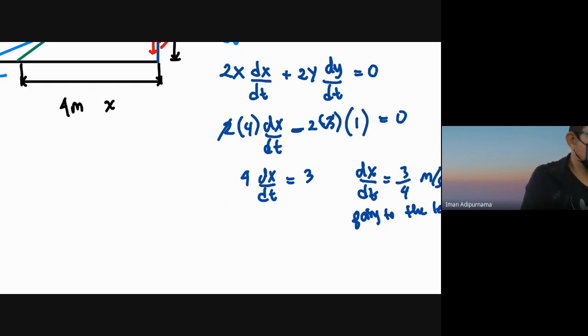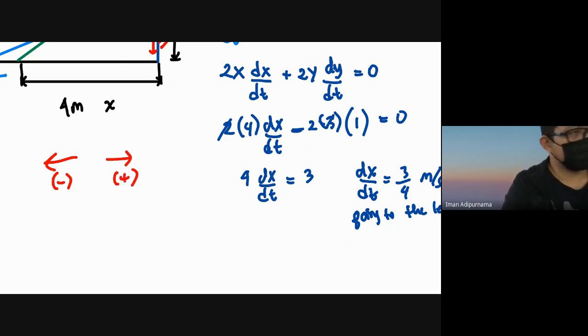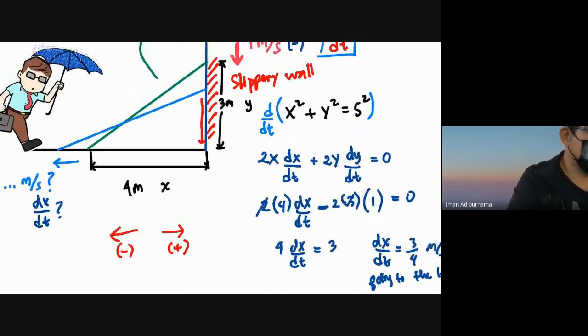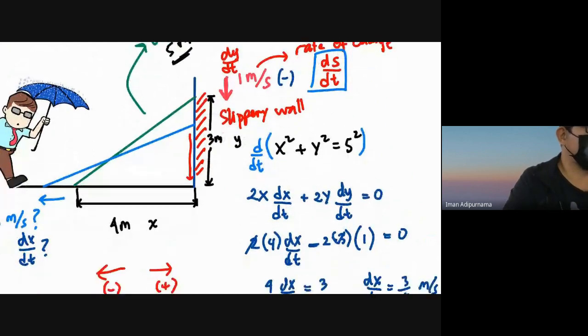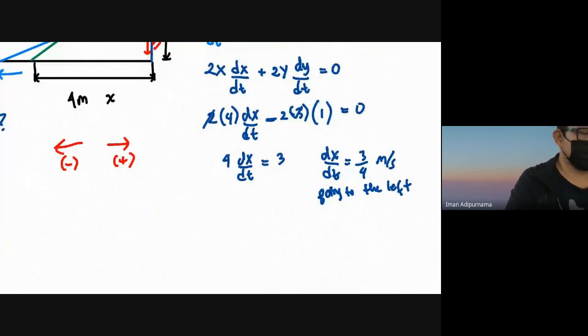If you want to make negative and positive by direction, that's also correct. As long as you keep consistent, it's all correct. But because it's reduced, I want to make it just negative. So I got this. Okay?